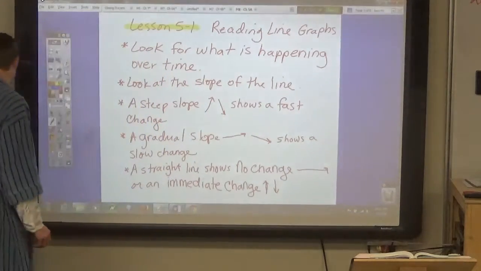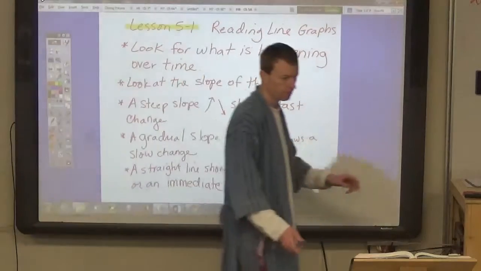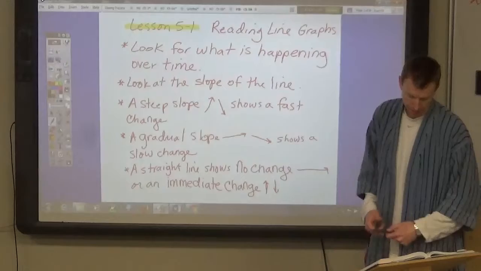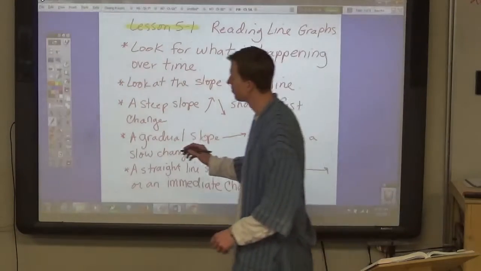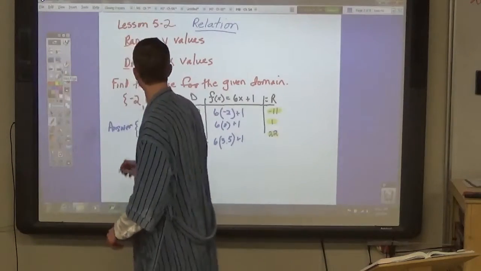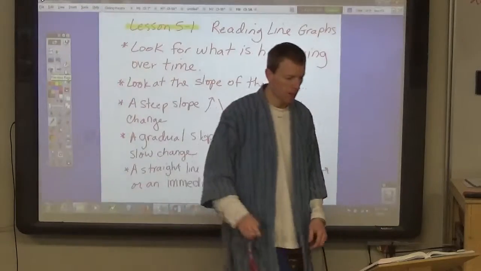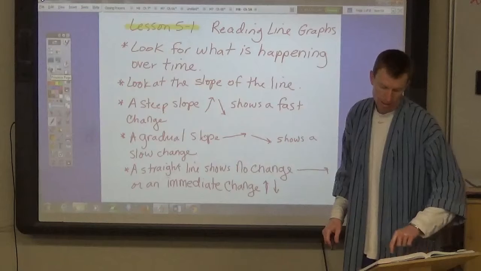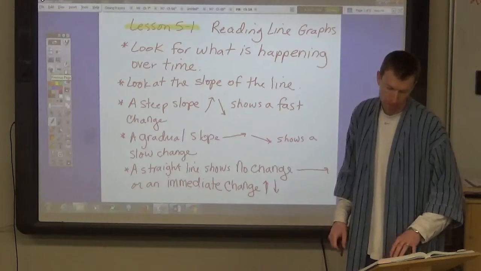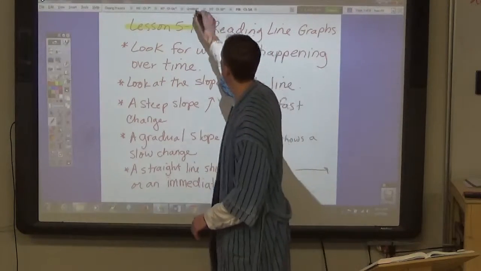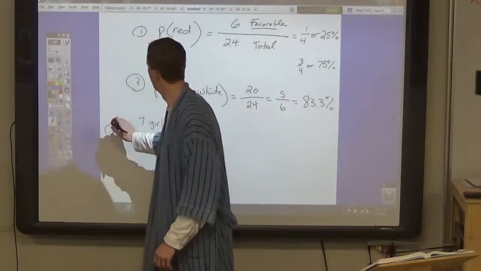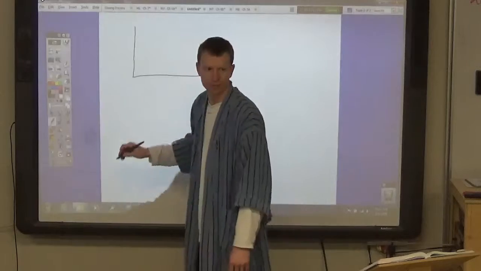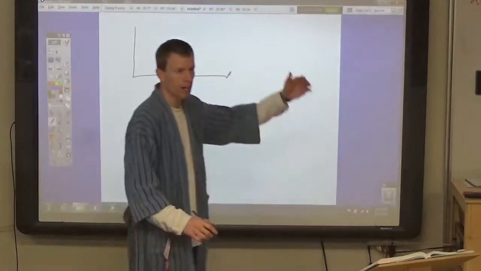Okay? So, take a look at your book. It shows some examples on page 252. It shows, for example, altitude over time as showing a graph of a trip to London. Alright, so what does altitude mean? The height. The height of the what? Plane.